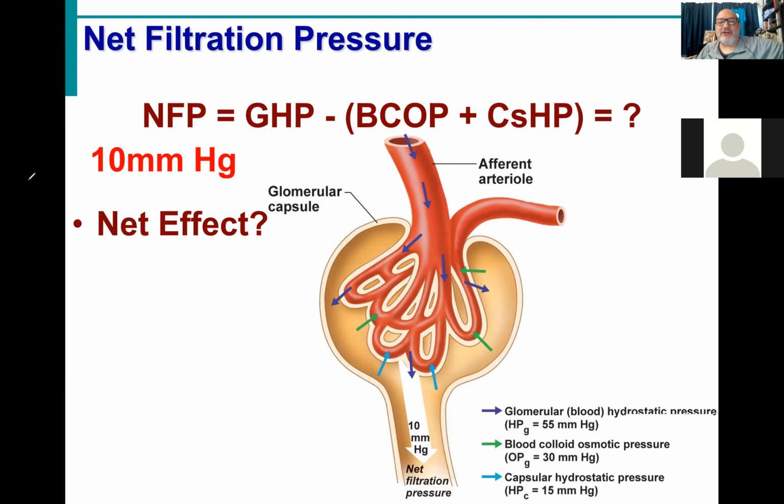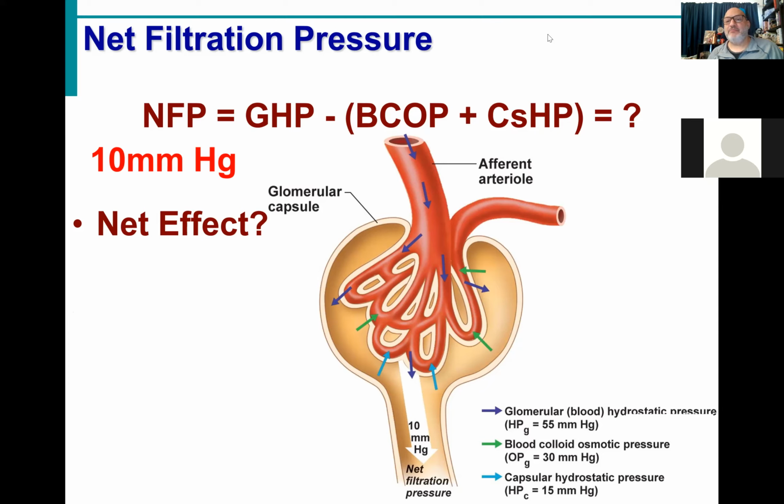However, here in the glomerulus, if we have a 5 millimeter of mercury change, is that going to affect the function of my glomerulus and my ability to filter my blood? Yeah, it's going to have a huge effect.